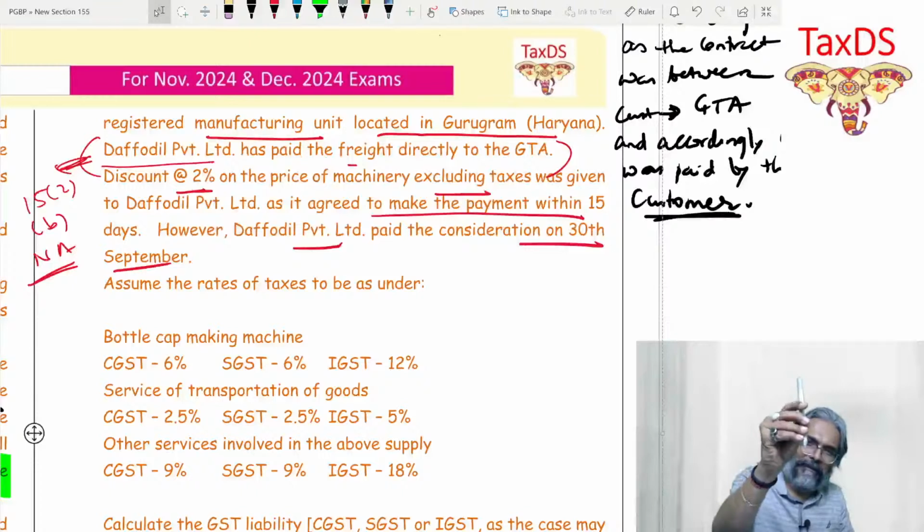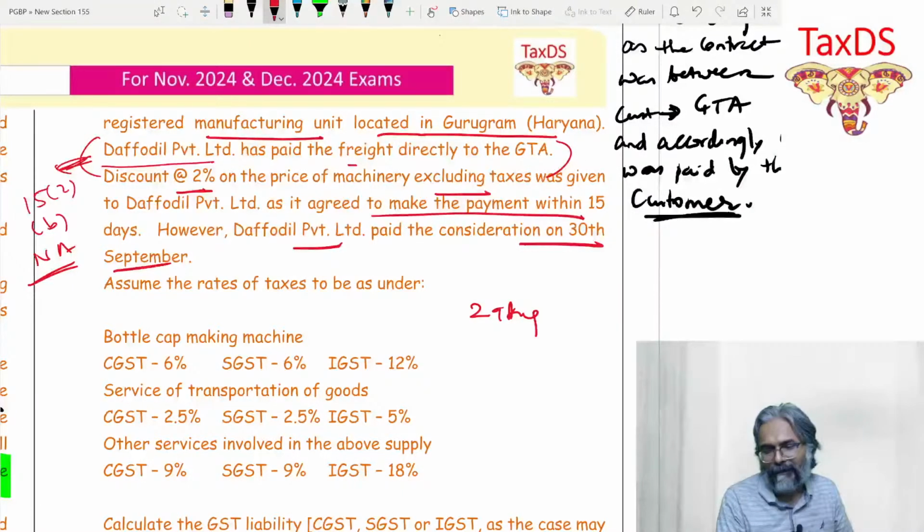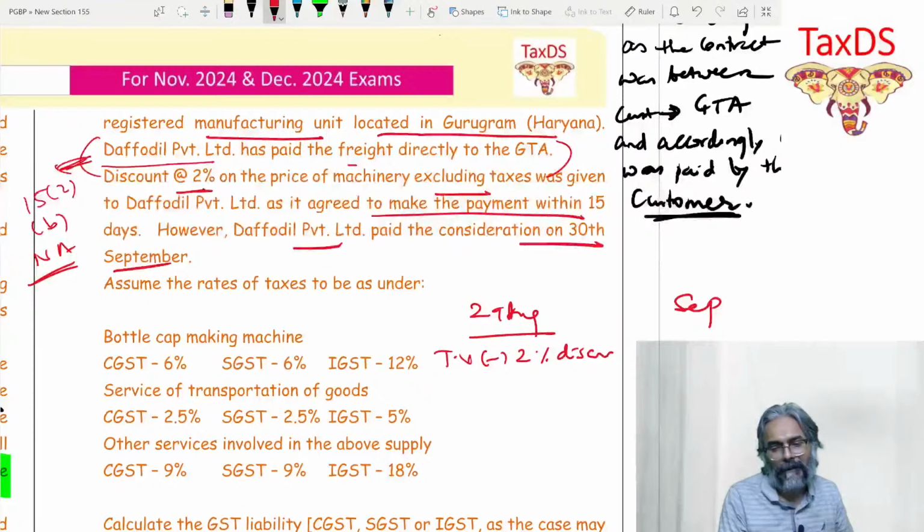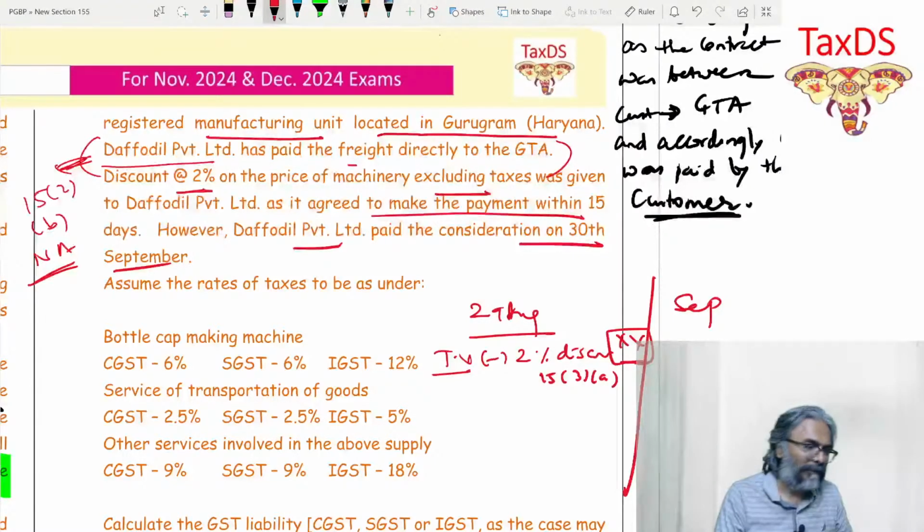So in the month of August, 29th August, the transaction value would be minus 2% discount, 15(3)(a). The transaction value minus 2% discount is what we are going to report for August, students.